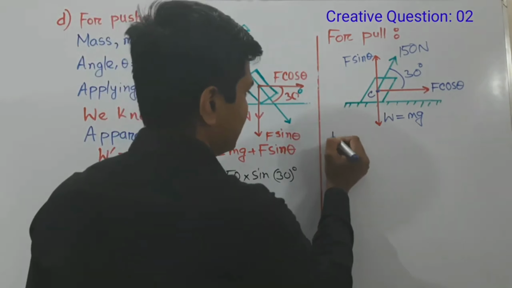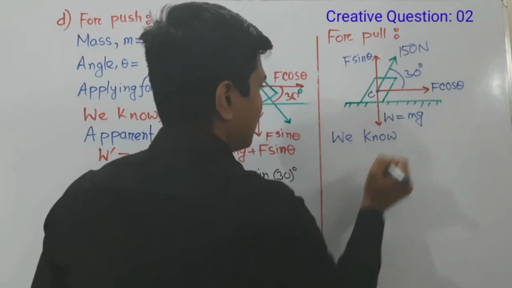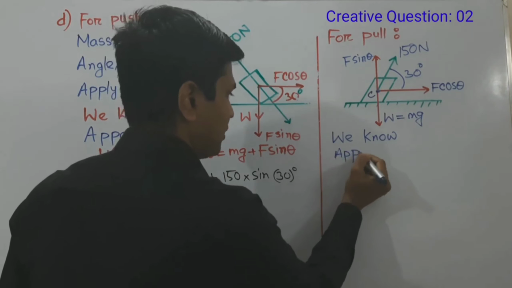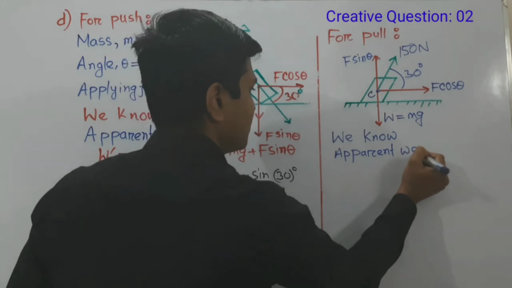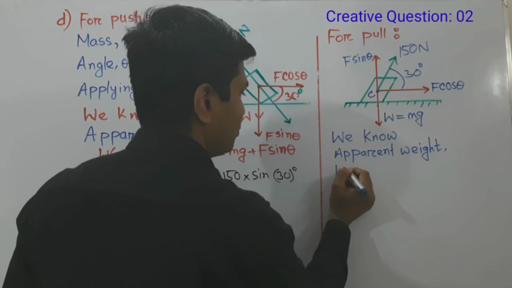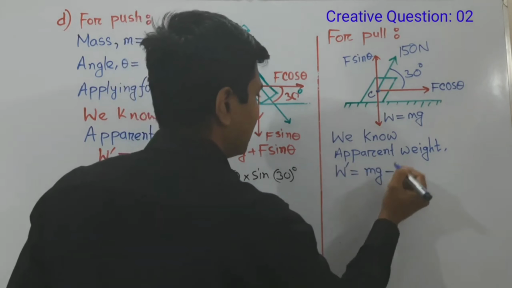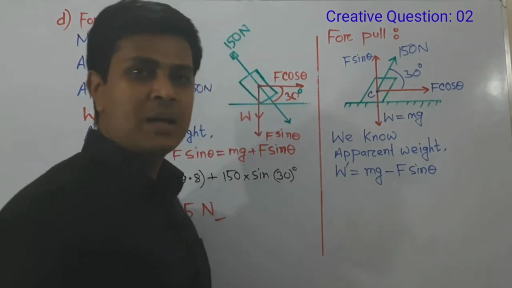So we can write here, we know for pulling apparent weight W prime equals to mg minus F sin theta.